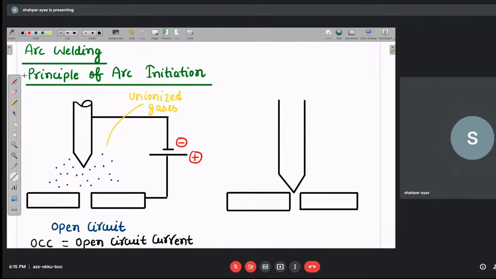So this part is going to come in contact, right? Here these two terminals, this is your negative and this is your positive. Once this circuit gets shorted, it is actually called a short circuit.